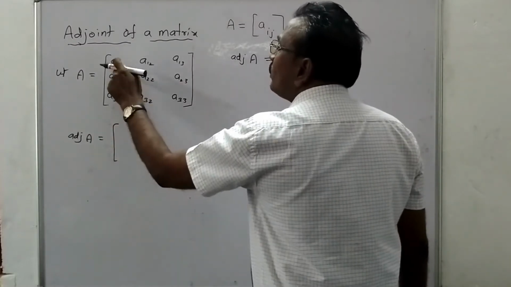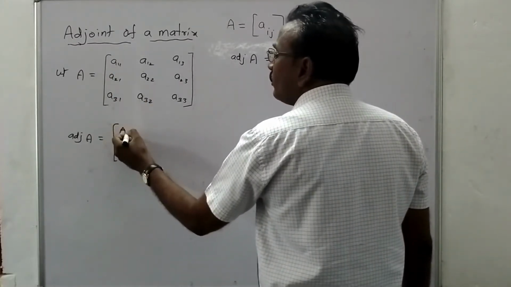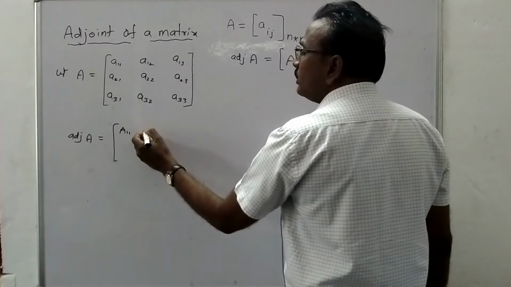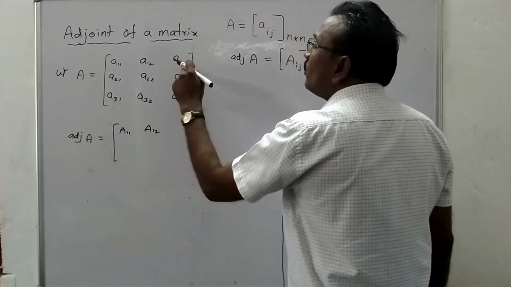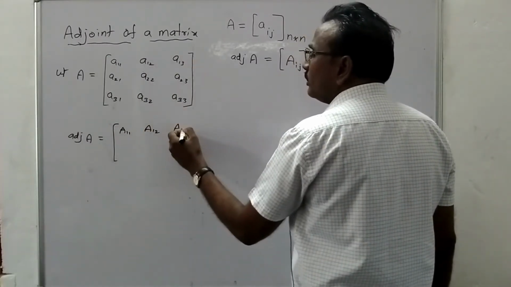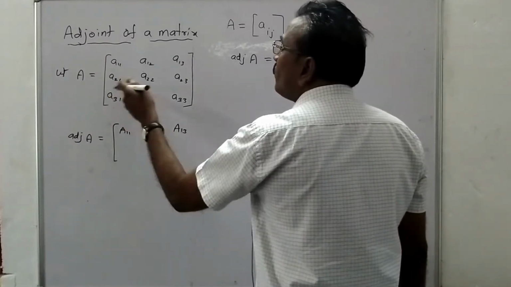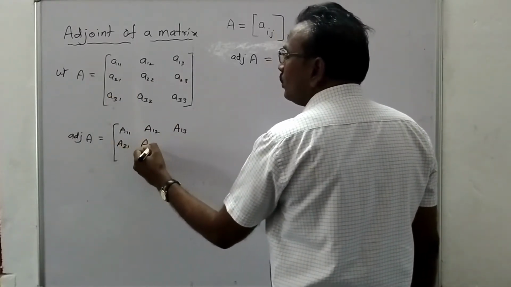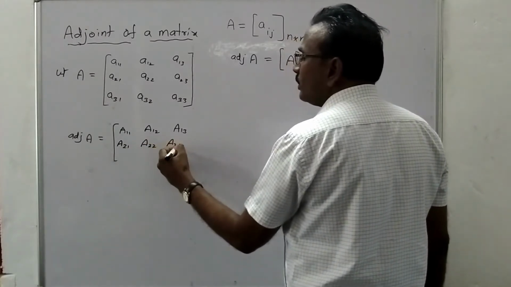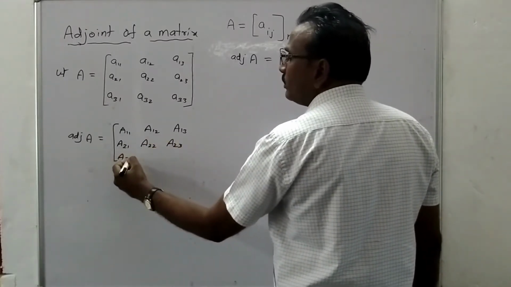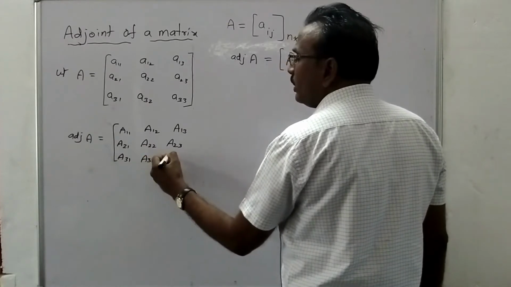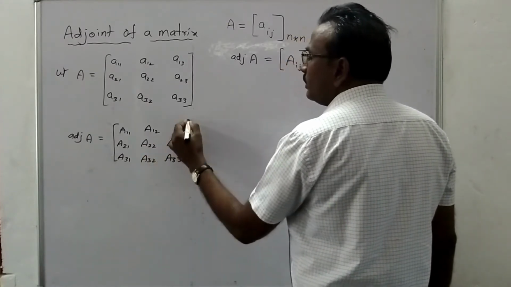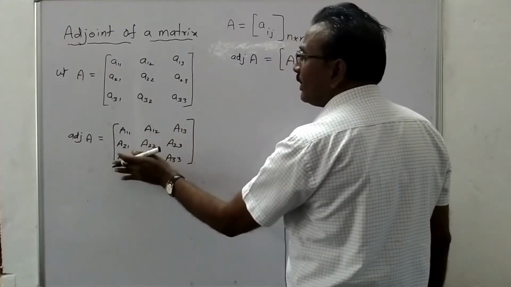The cofactor of a11 is denoted by capital A11. The cofactor of a12 is capital A12. The cofactor of a13, capital A13. Similarly, the cofactors of the second and third row elements. So this is the cofactor matrix.